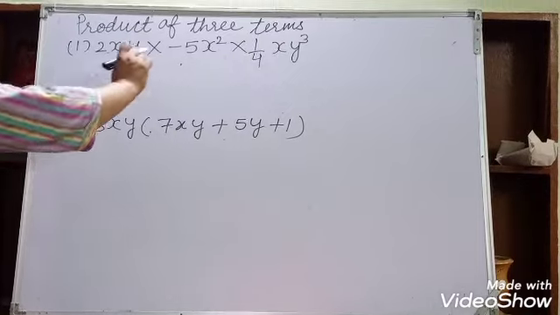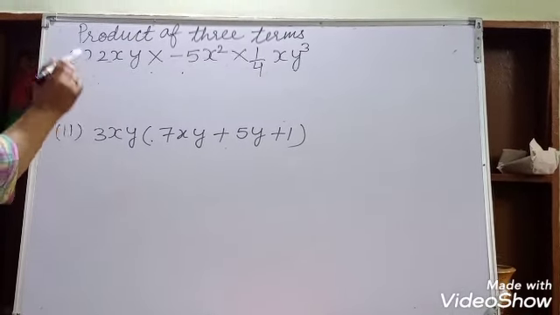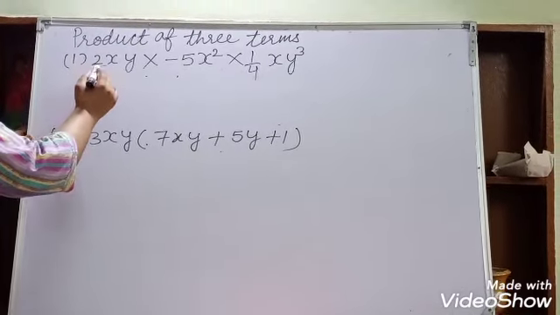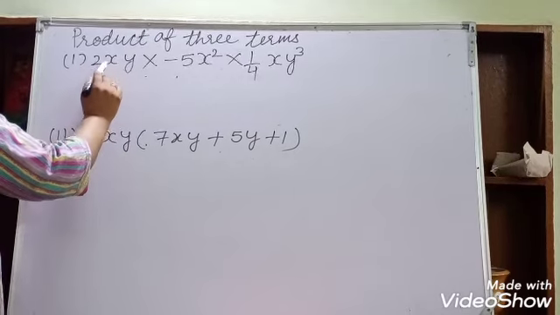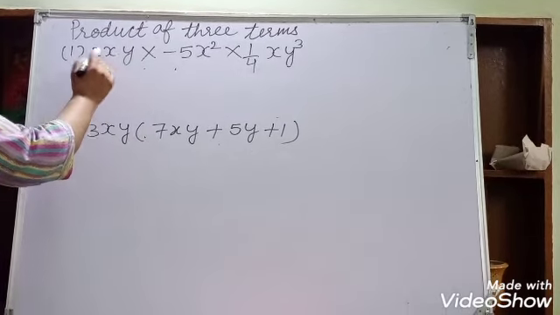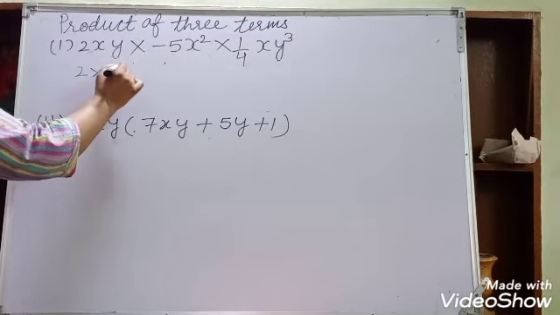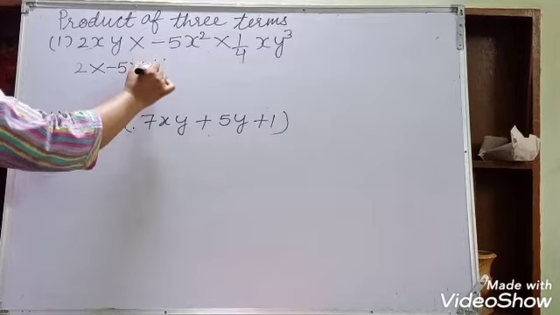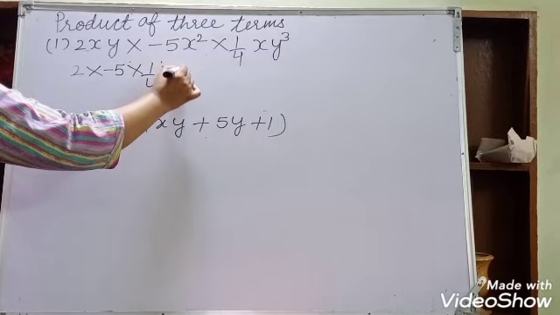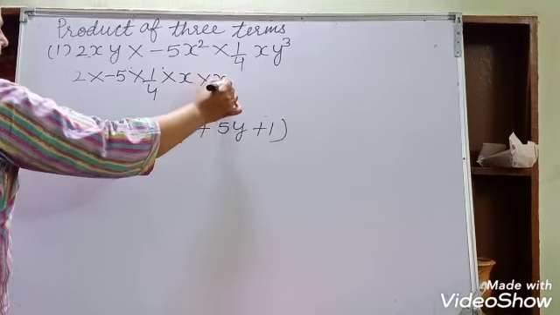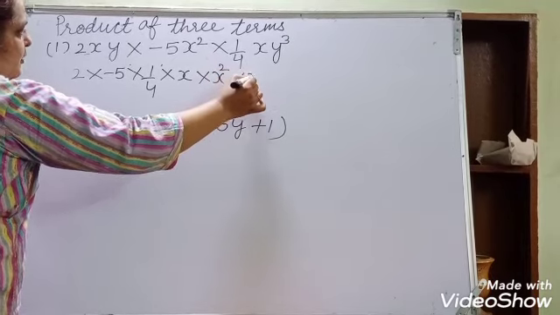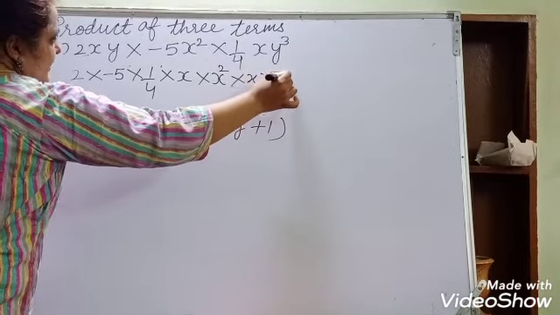If there is product of three terms, then how we have to deal? Firstly, just keep this thing in your mind that we have to multiply each and every variable and each and every constant. So firstly, let us unite constants. 2 into minus 5 into 1 over 4 into x square into x into y cube.